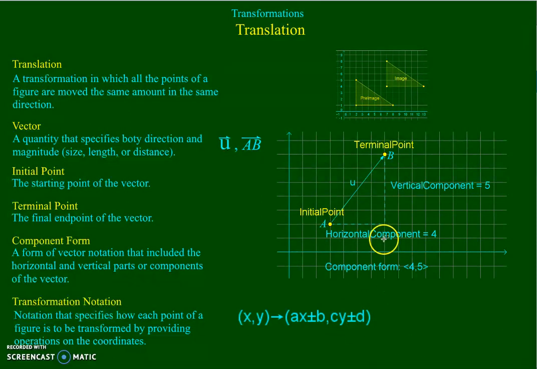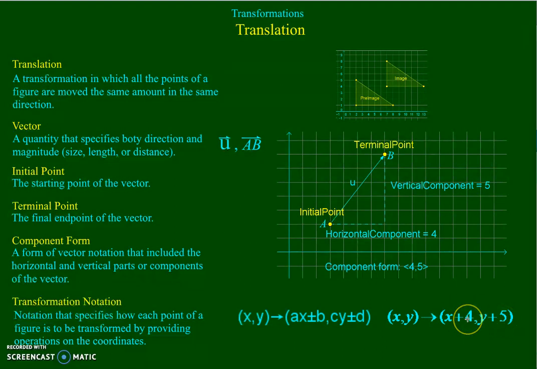In this case, we're moving 4 units to the right and 5 units up. So that transformation notation for this specific transformation would look like the following. We would have (x, y) goes to (x + 4, y + 5).